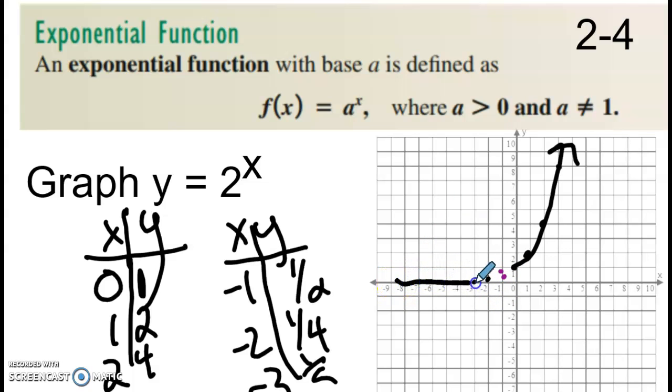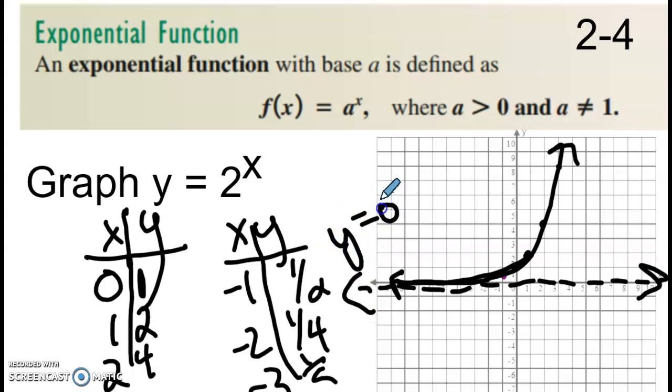I'm going to be really close to 0, but I'm never actually going to be 0. We do have a horizontal asymptote here at y equals 0, because I'm always going to have 1 over 2 to the something. It might be 1 over 2 billionths, but that's still not 0. It's really, really small, but it's not 0.